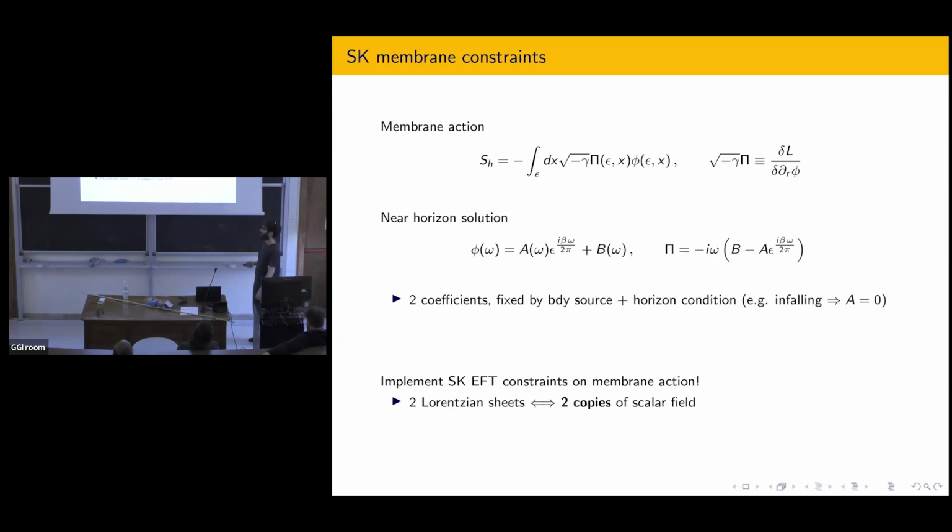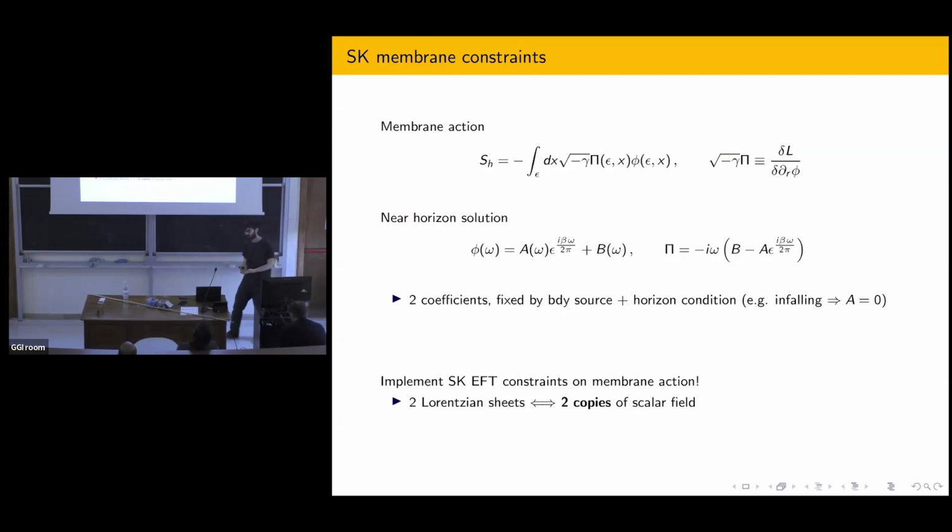So from this solution, basically we can compute also the conjugate momentum. And note that in this case, we have two unknown coefficients, A and B, and so we need two constraints in order to fully constrain the solution. One is given by the asymptotic quantum field theory source at the boundary, and the other is given by a horizon condition.